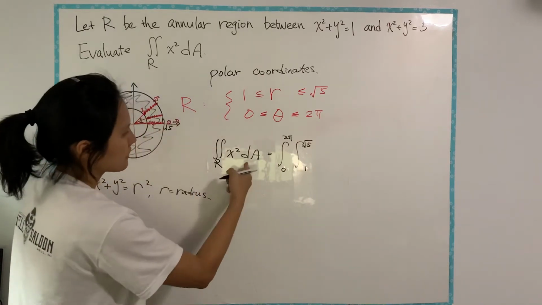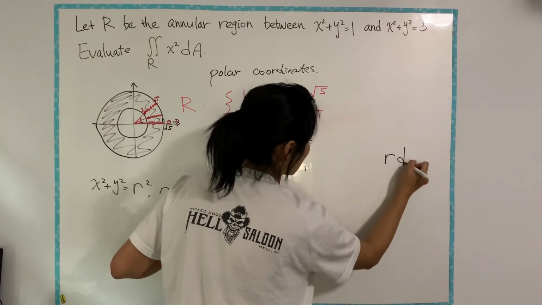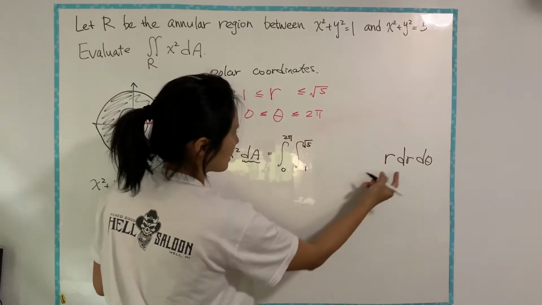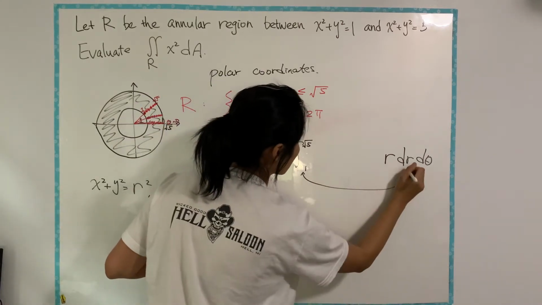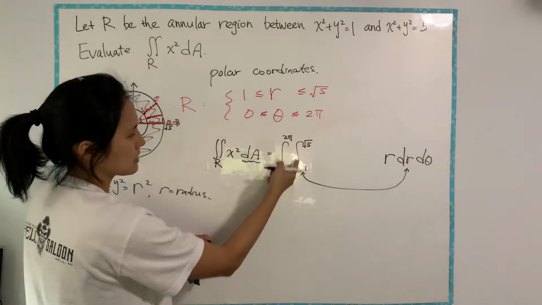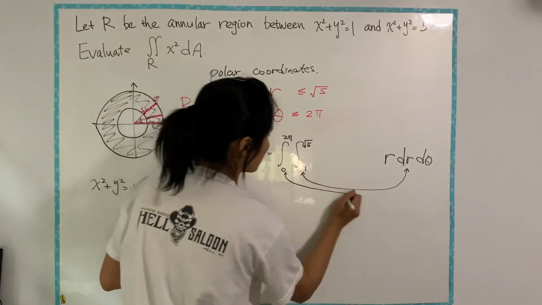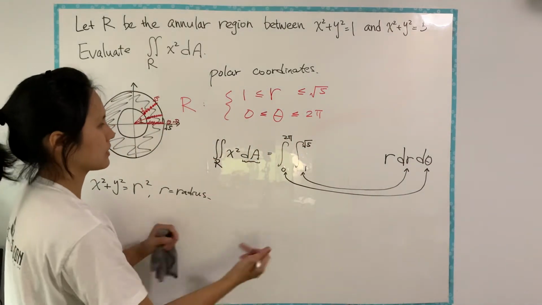Then dA is converted to r dr d theta. And you have to pay attention: we have dr first, so the first pair of limits should be the limits for r, and the second pair of limits should be the limits for theta. The order is important.